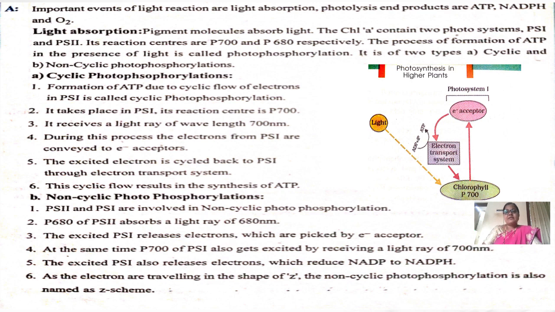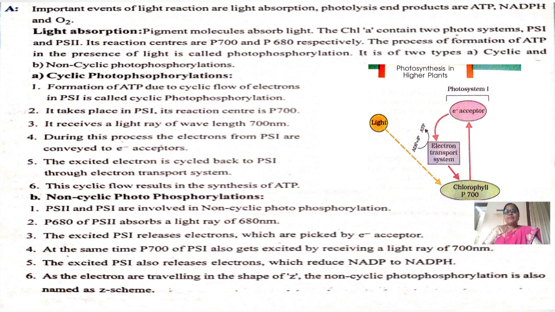In the photolysis of water, the first step removes the electrons from photosystem 1. After removing the electrons from photosystem 1, they are recharged by photosystem 2. Photosystem 2 loses the electrons, and after that it splits water molecules with the oxygen evolving complex to release electrons.